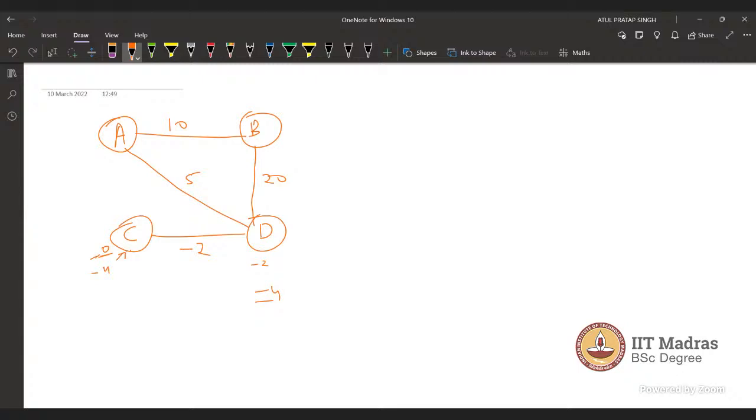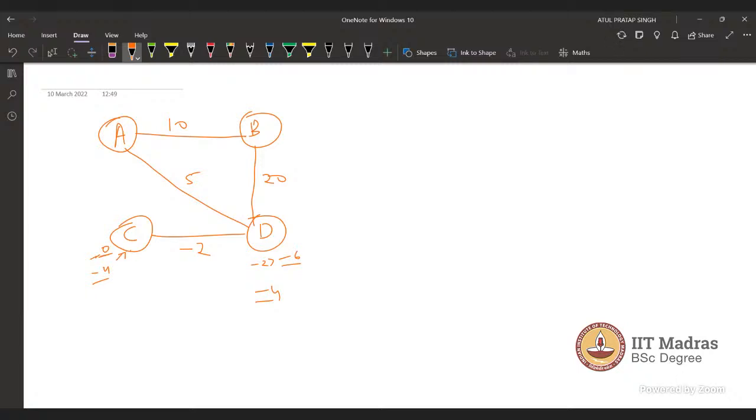Then if we once again move to D, we start from -4, then -4 plus -2 becomes -6, which is also less, so we update this. So in an undirected graph, if any negative weight is given on any edge, it is considered a negative weight cycle. So for Dijkstra's algorithm, if a negative weight is given on any edge, it is considered a negative weight cycle.